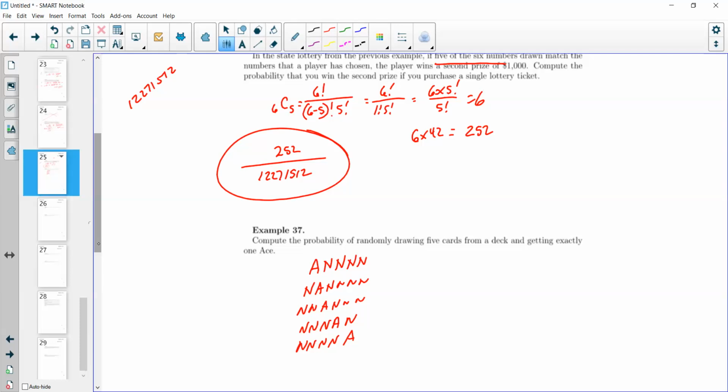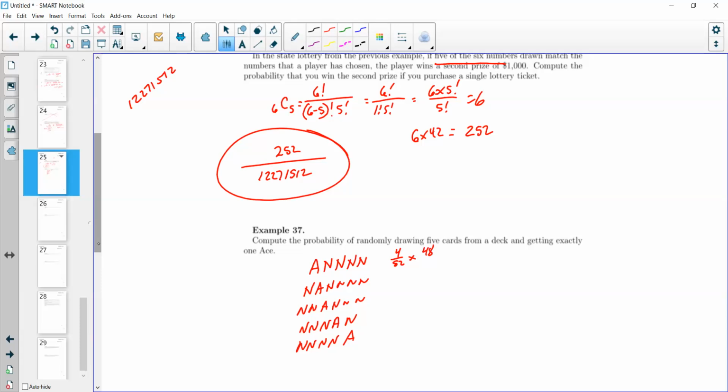Everybody still with me? So let's look at this top one here. What's the probability that the first card is an ace? How many aces are there? How many cards are there? Okay. Now that I've gotten an ace, what's the probability that the next card won't be an ace? Well, how many non-aces are there? 48.